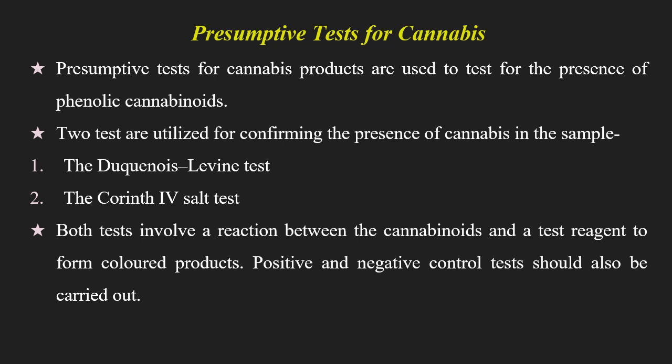The first test is called the Duquenois-Levine test, and the second is the Corinth IV salt test. Both tests involve a reaction between the cannabinoids and a test reagent to form colored products. Positive and negative control tests should also be carried out along with the sample.